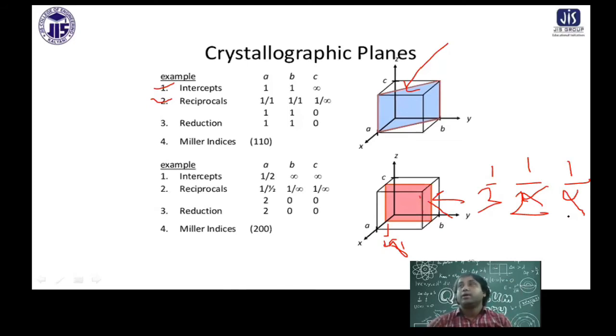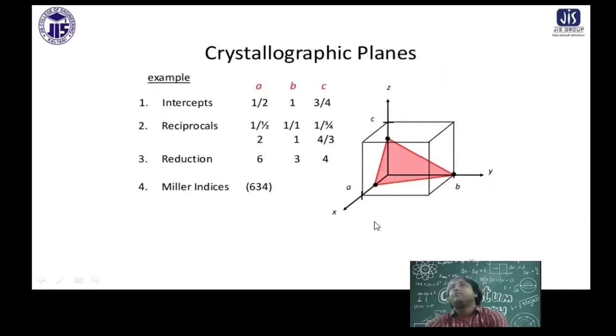So let me show you this calculation slightly separately. Just let me show you a few calculations.